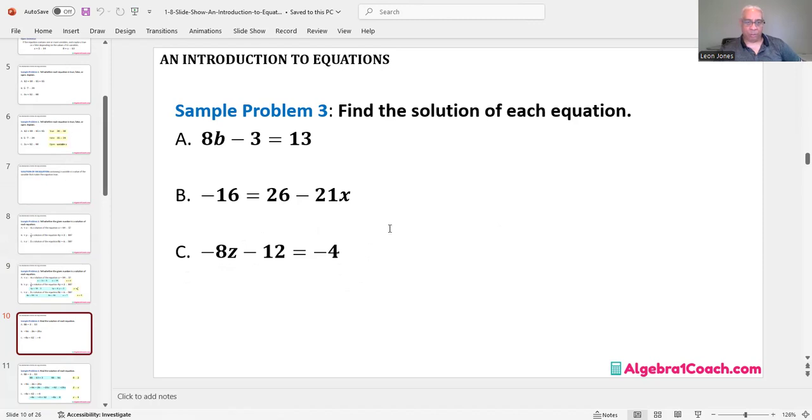Now you might think, well, it's going to give you a -28, but I multiplied everything by -1 to cancel all signs, which gave me 8z plus 12 equals 4. So I'm going to have 8z equals 16, z is going to equal 2. And this is the fun thing.